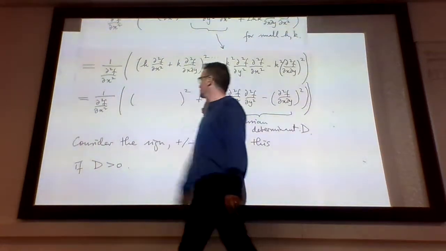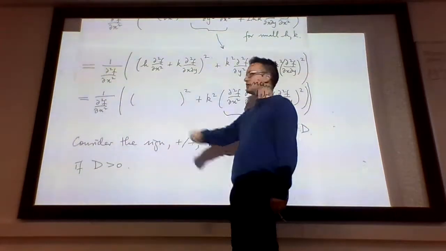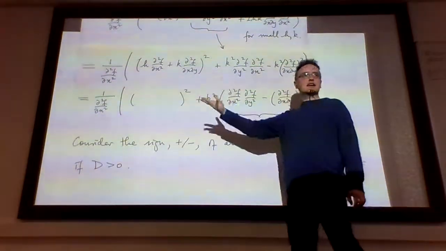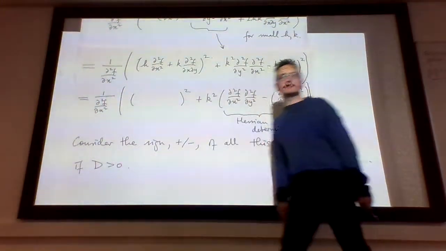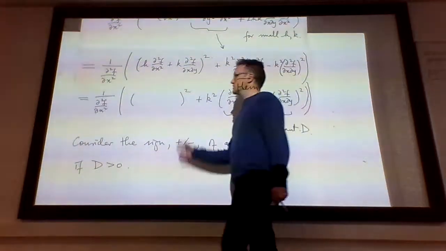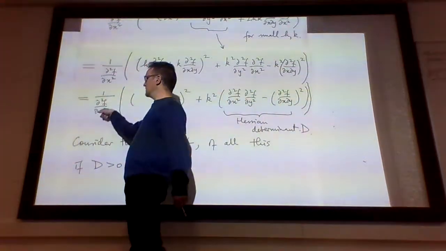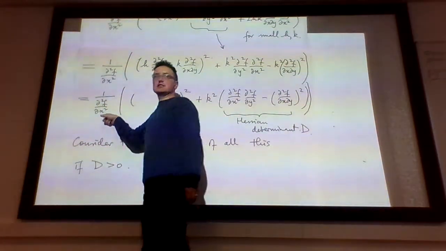When you examine everything else, it's a square of something, non-negative, square of something, non-negative, multiplied by something which, if it's positive, makes the whole big bracket non-negative. So the sign of the whole expression will come down to the sign of this object here.